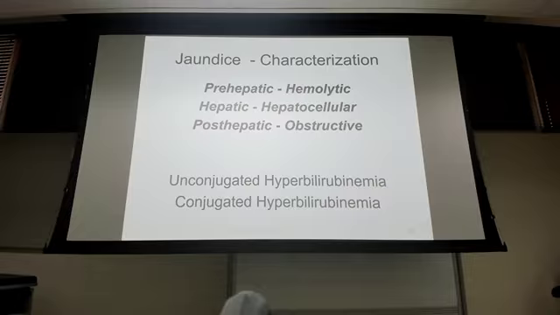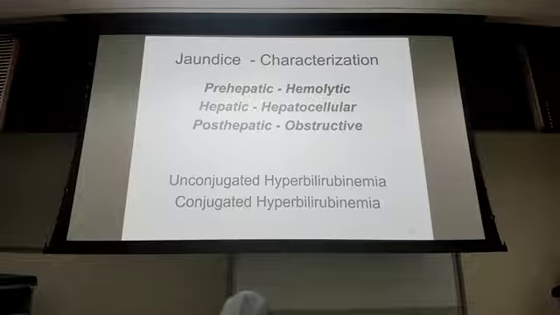And then we have hepatic causes of jaundice, which are liver, direct, hepatocellular. It's being caused by something going on with the liver proper, liver cells. And then posthepatic, which is normally obstructive.